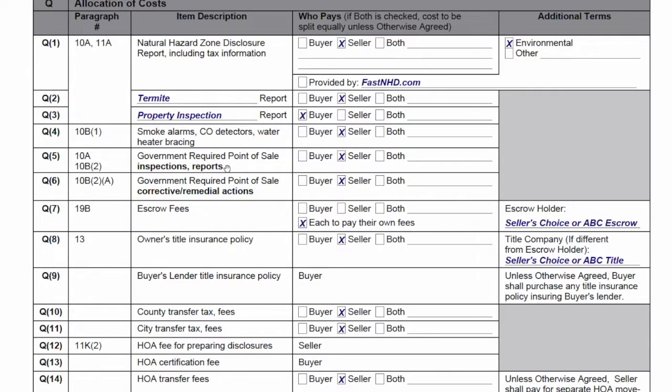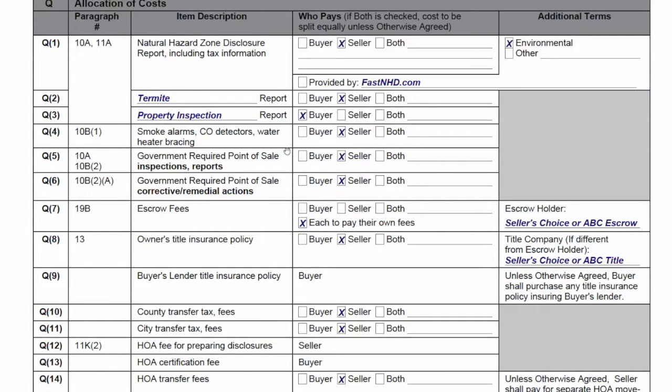Now, if you're in a city that requires these point of sale inspections or reports, it's important that it's addressed here. Because if not, the city's going to find out and they may come up to the buyer later. So why not just address it now? The whole trend I see of agents deleting this is foolish in my opinion, because if the city doesn't require it, then this is all irrelevant.